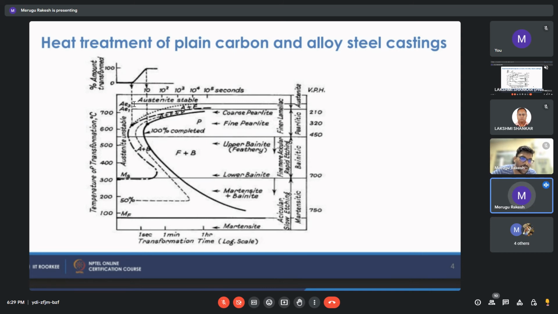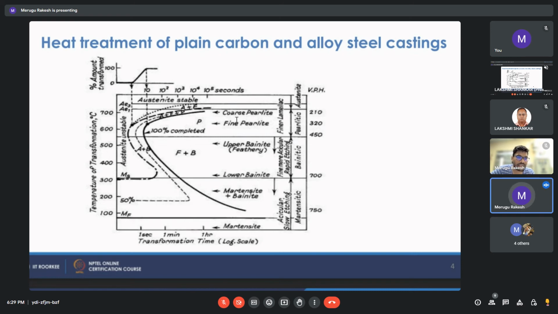If you cool along the dotted lines, the first dotted line, and touch the curve and soak it there, you will end up getting fine pearlite. Everything is written here. If you touch the graph at the other line and soak it there, you get coarse pearlite instead of fine pearlite.